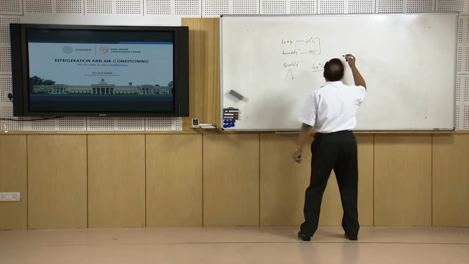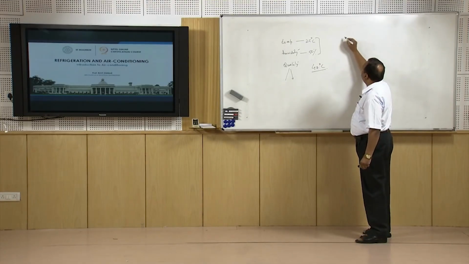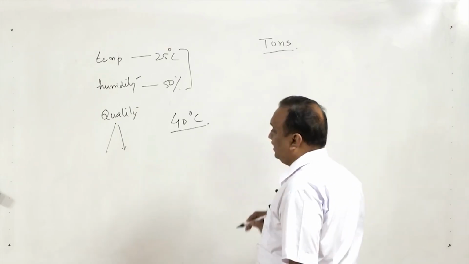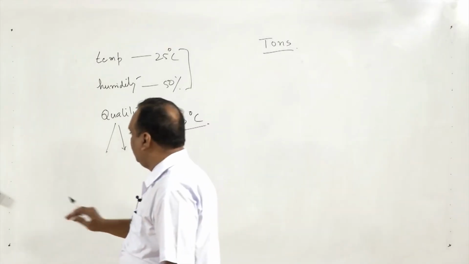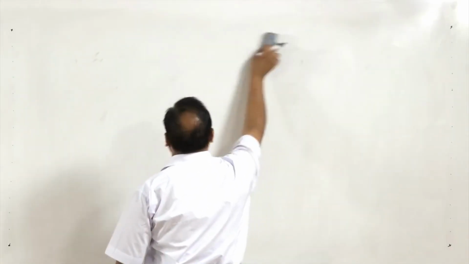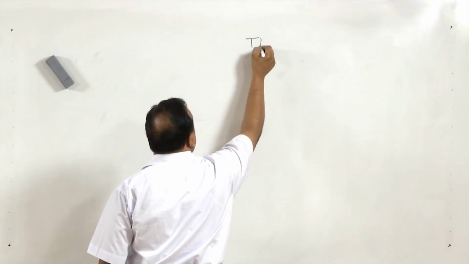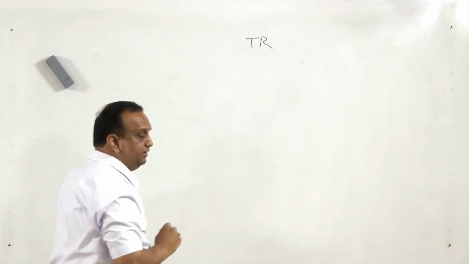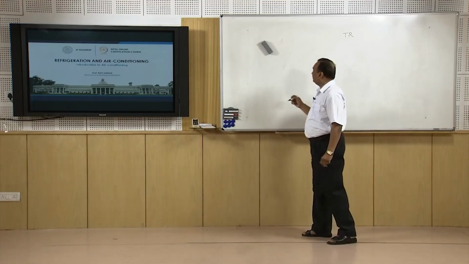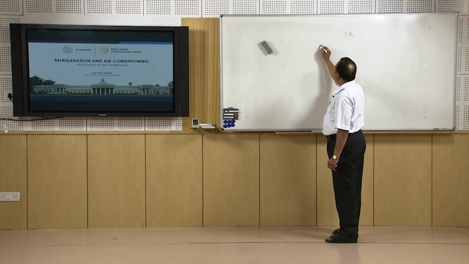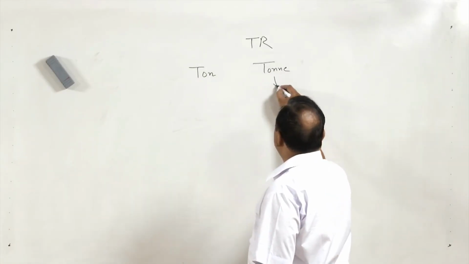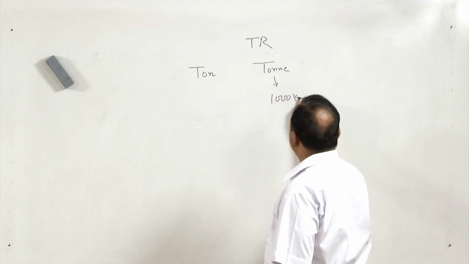Now as in the case of refrigeration, if you remember, we express in terms of tons of cooling. In air conditioning also, we express the capacity of the system in the form of tons of cooling, tons of refrigeration or tons of cooling. And again I like to repeat here because I have already told you in the first lecture that there are two tons, one is TON, another is TONNE, double N E. This TONNE is 1000 kgs.